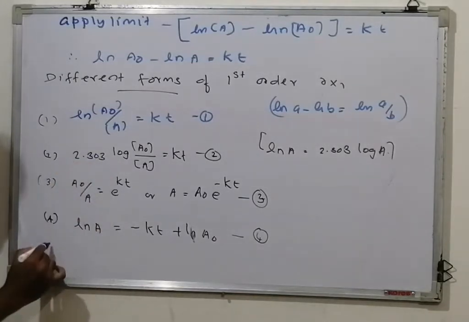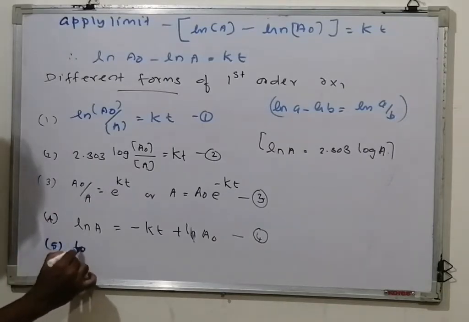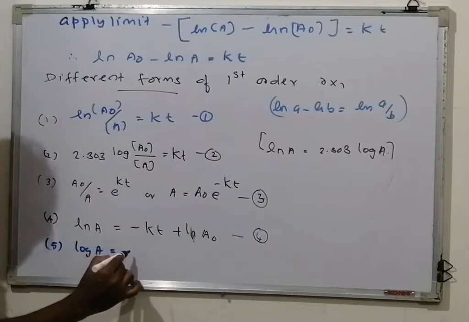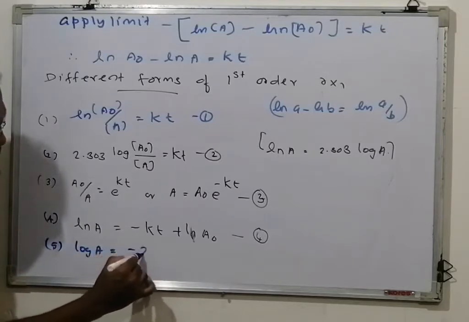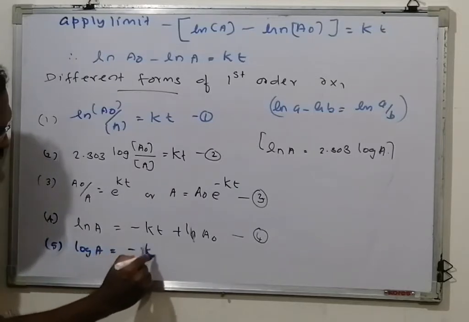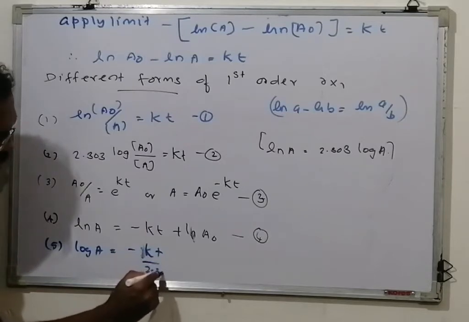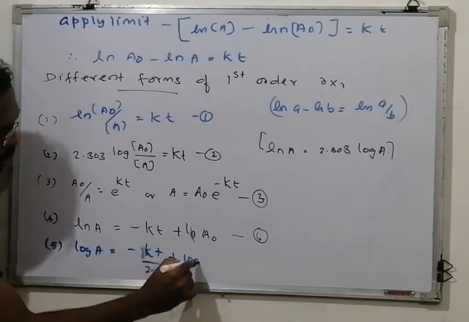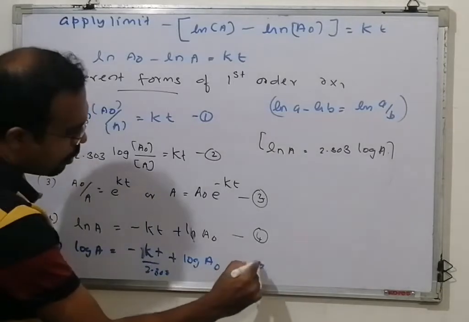Similarly, you have another equation: log A is equal to minus kt by 2.303 plus log A0. Equation number 5.